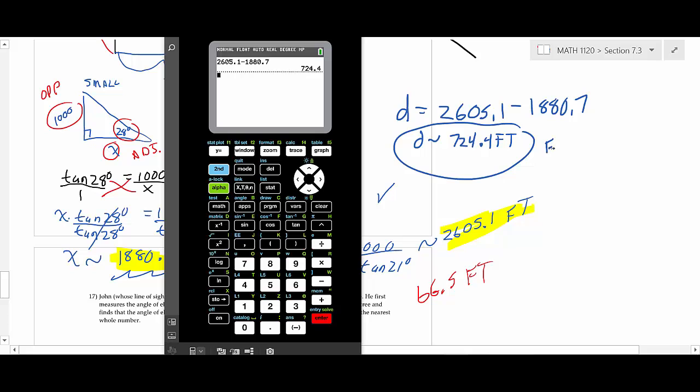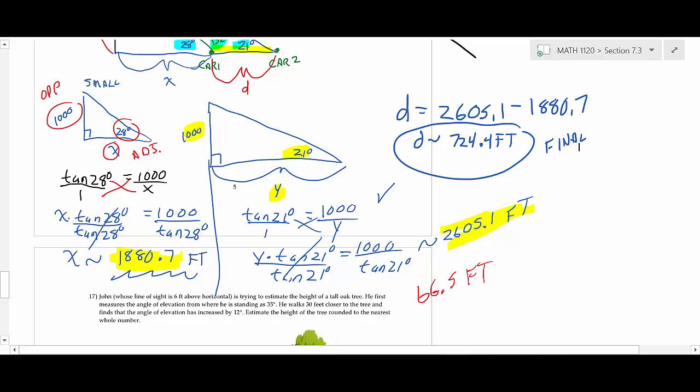Do you guys understand what I did? There's probably another way to do this. That's just what I happened to see, two right triangles. I'm sure there are other ways to find different angles, but that would be one good way to do that problem. Any questions about that?